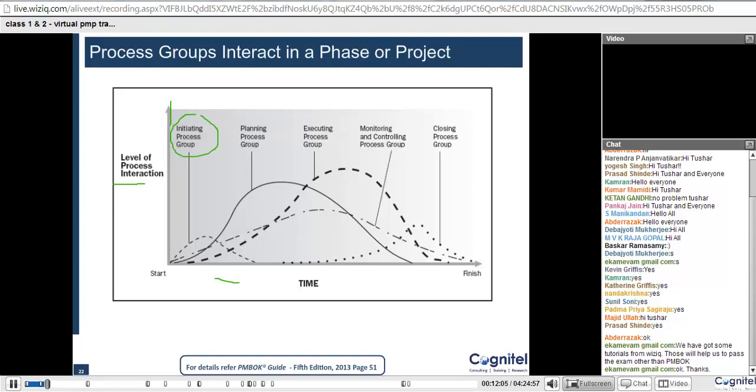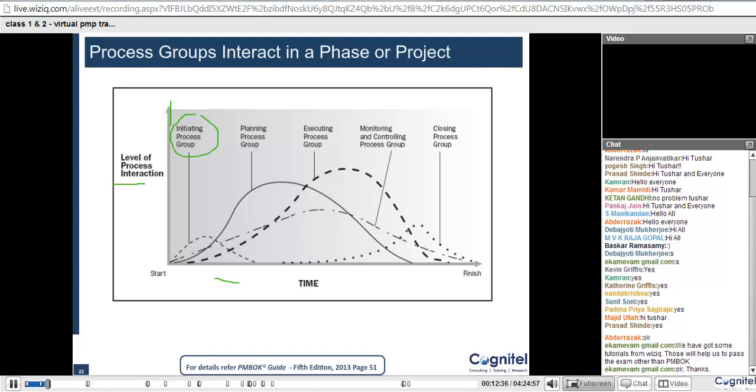Of course, some of the planning also starts, and some of the monitoring controlling also starts at the same time. And once the project moves on and you have done a little bit of planning, you might start some of the execution, like hiring certain people or bringing some people on the team. So that kind of execution work can start early in the project. But then the highest level of interaction still remains with the initiation.